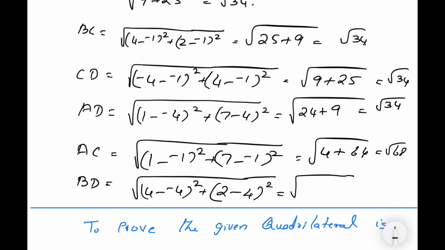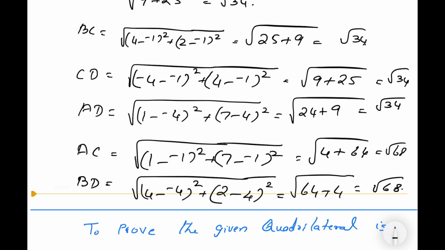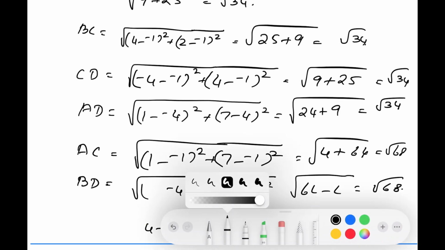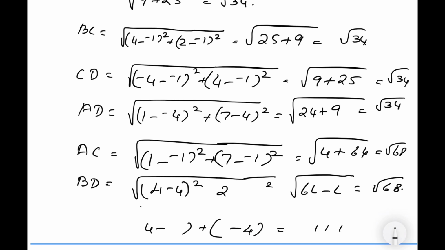So again it is 64 plus 2 minus 4 is minus 2, square is 4, equal to root 68.